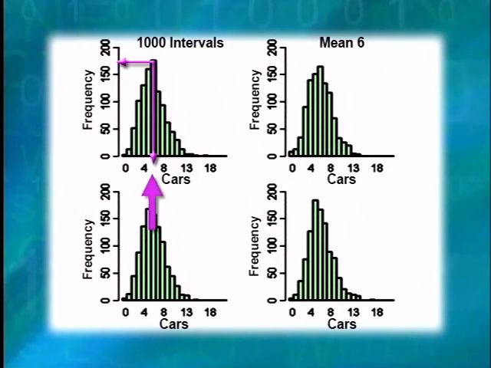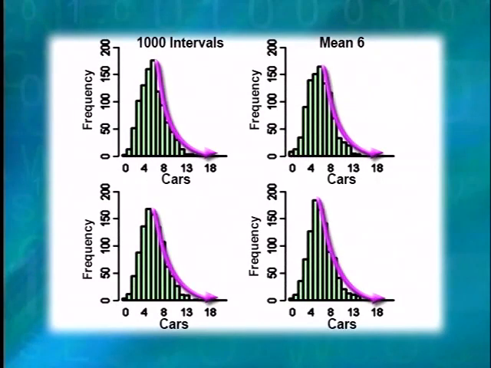Now, these distributions are a little bit different from the shape of the distributions, for example, of heights of adult men. It may be a little difficult to detect the difference, but these are skewed to the right. There are values that come off to the right here.